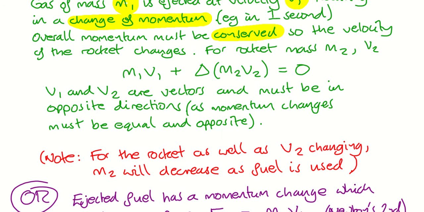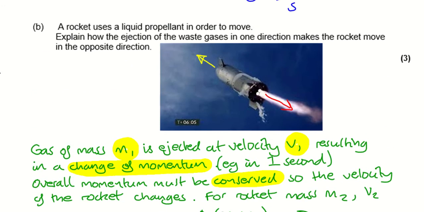This is one of the things they particularly wanted you to mention, that these are vectors and they've got to be in opposite directions. The momentum changes must be equal and opposite. Another thing to say there. So you've got momentum one, velocity in one direction causing velocity in the other direction. They're in opposite directions, and so that is causing your rocket to move forwards.